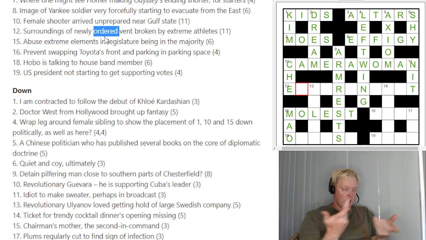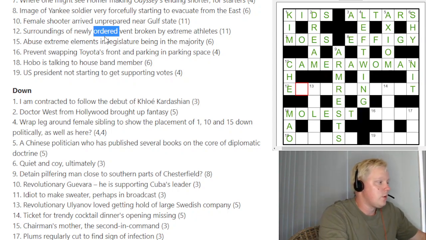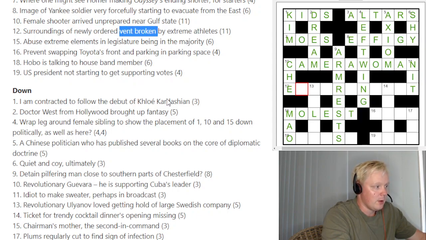If you order something, you put it in a different order, so that could clue anagramming. So it could be newly, anagram the letters in newly. It could be vent, put in a new order. So this would be the indicator then, these two words. It could be anagram in this vent broken.